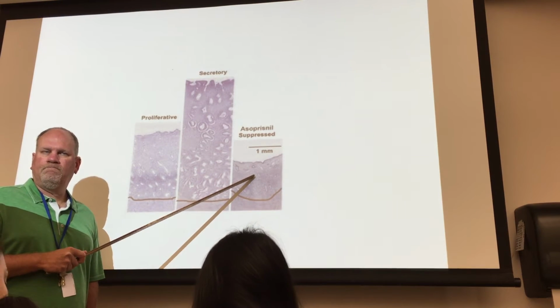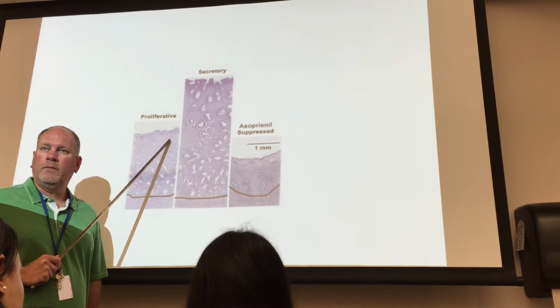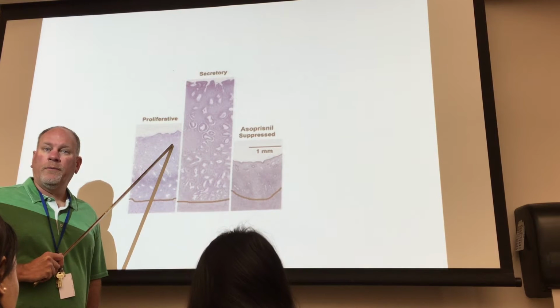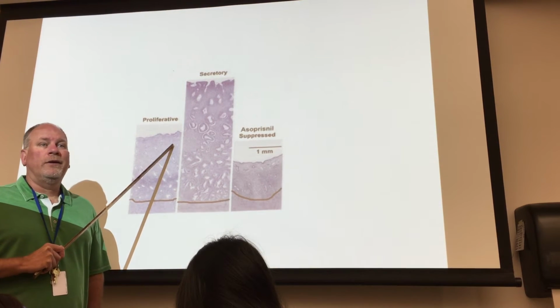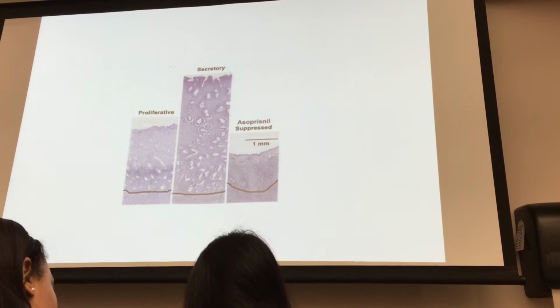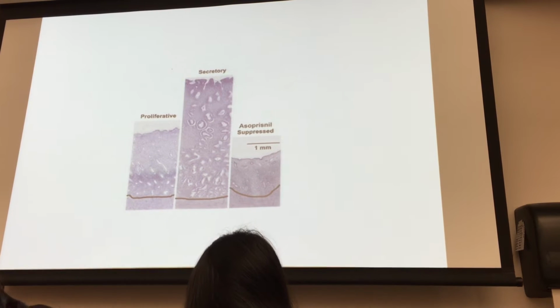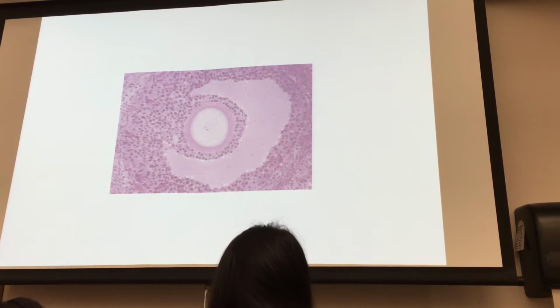No. Here? Yes. Here? No, not yet. It's not formed until ovulation. And so we are in day 5 to 14, we have not ovulated yet. A lot of good questions off the uterus slide.